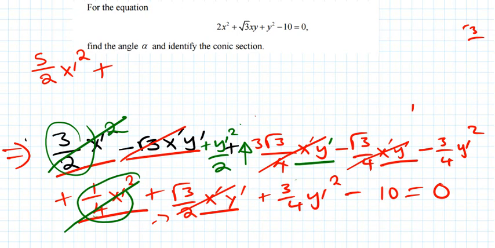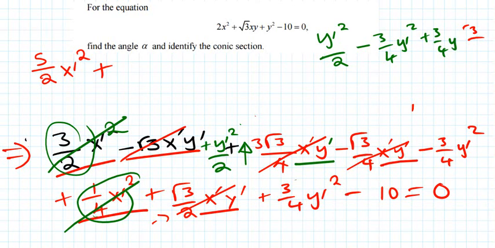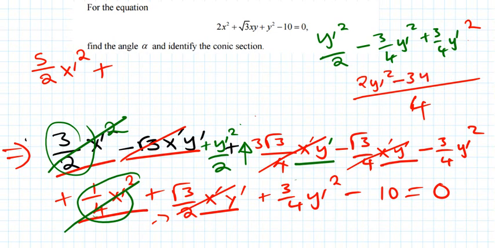So what remains now is the y prime squared over 2 minus 3 over 4 y prime squared, and then plus 3 over 4 y prime squared, which is our interest. Common denominator 4. 2 into 4 is 2, so 2y prime squared minus 3y prime squared plus 3.